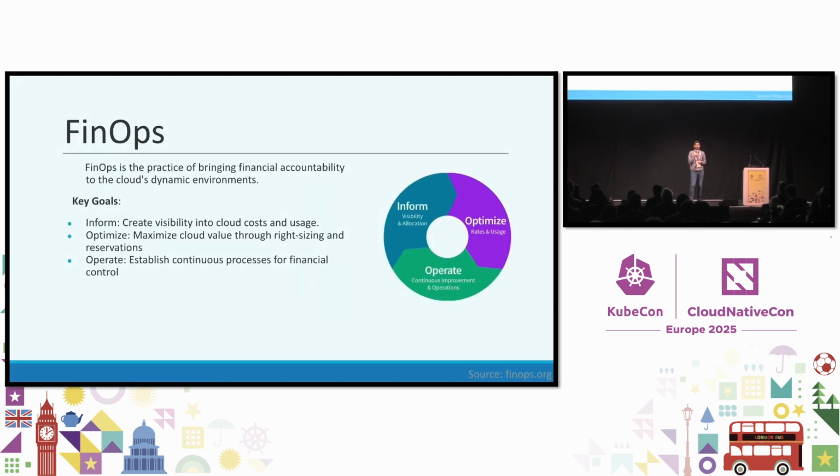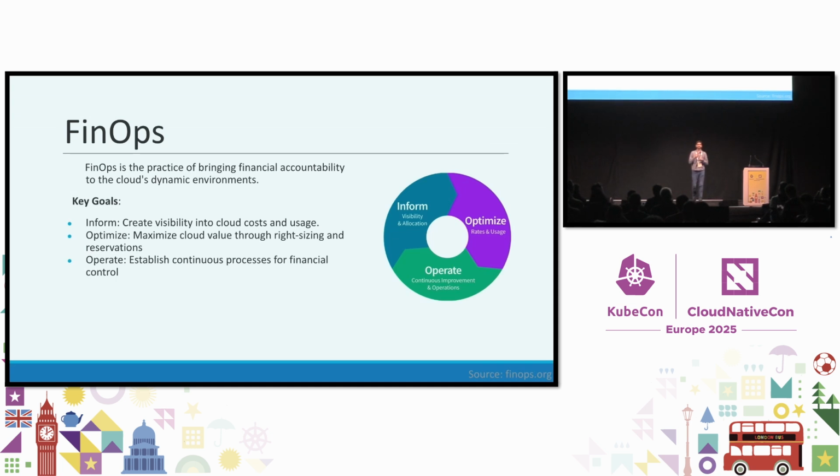So just a quick overview of what FinOps is. FinOps is a practice in a dynamic cloud environment. It's very hard for everyone to keep track of what's happening in your cloud environment. So it comes with key goals. Inform: make sure your cloud bills have visibility, so you can view cloud spend effectively.